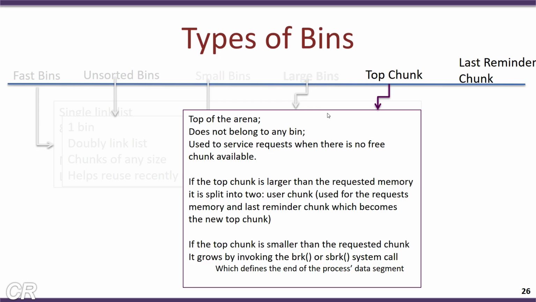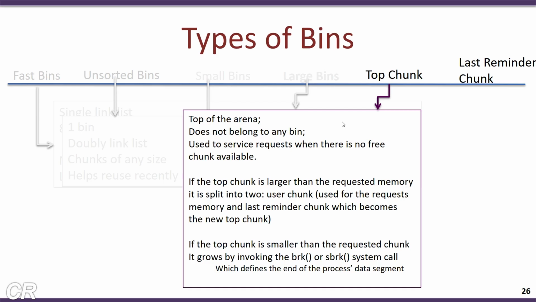So whenever you do a malloc, malloc would traverse through all the various linked lists, and if it finds that there are no chunks available in any of these linked lists which can satisfy that particular malloc request, then part of the top chunk is taken and allocated for the malloc request.